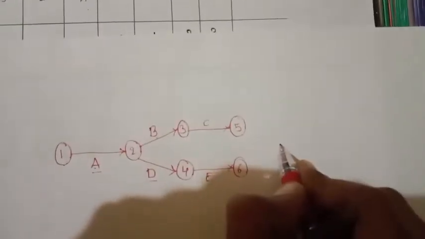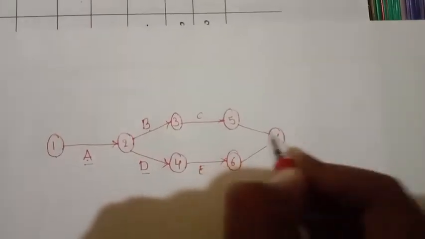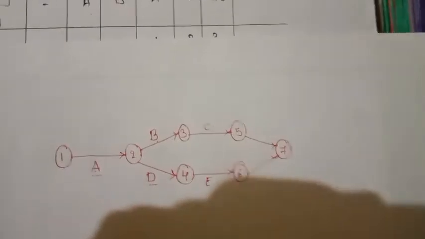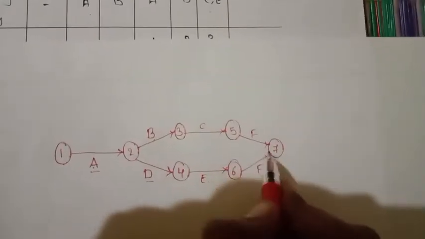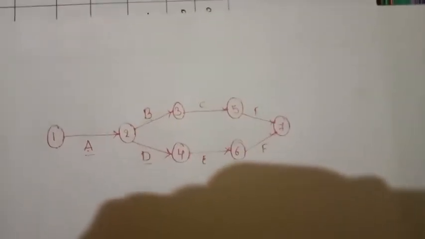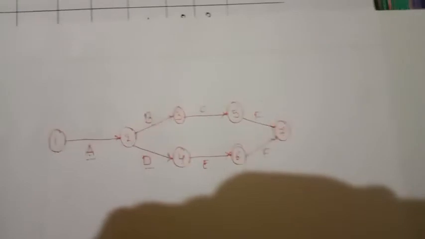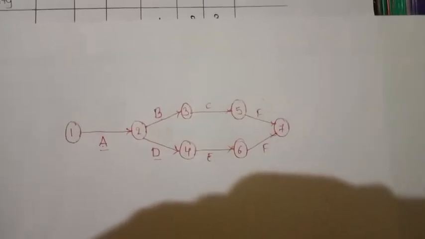So the network diagram we have drawn is wrong if we combine it like this, because we cannot put two F's. We need to connect only to one F. So there is only a small modification. Let us see how to draw it.